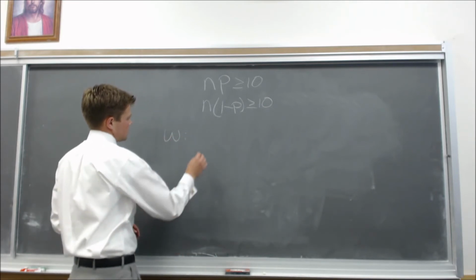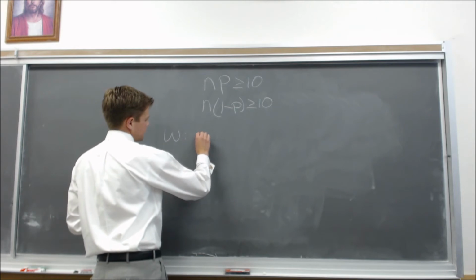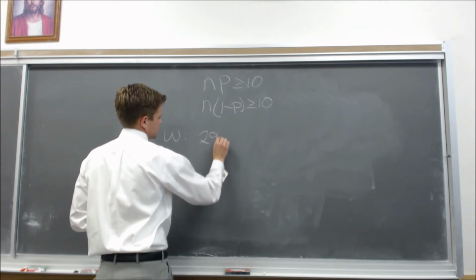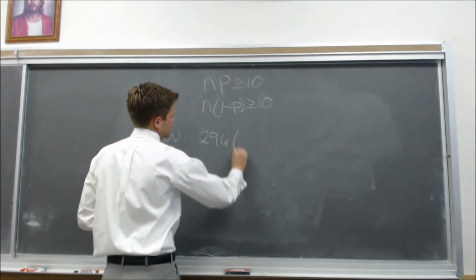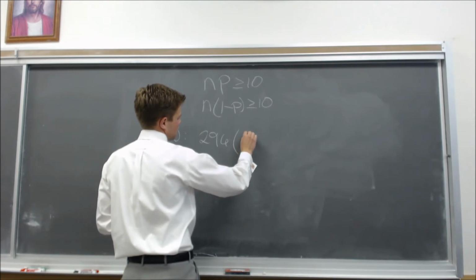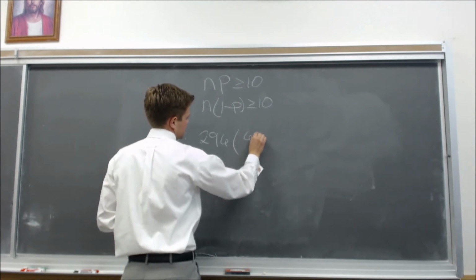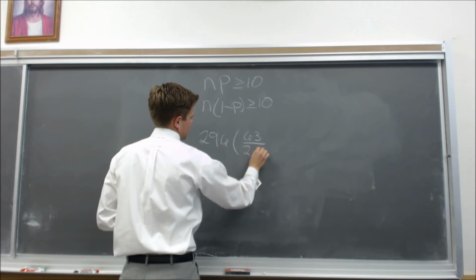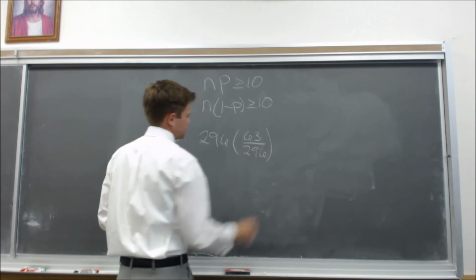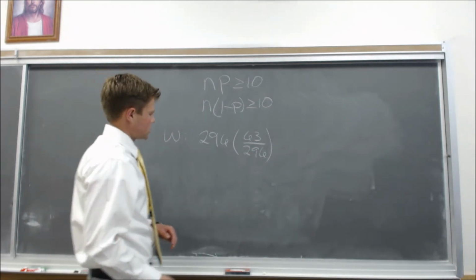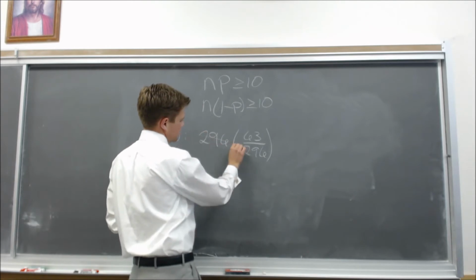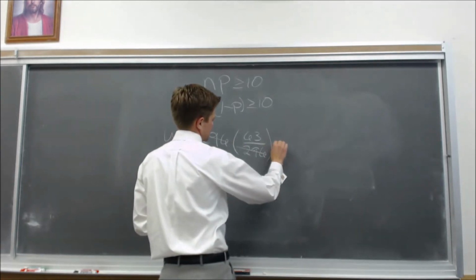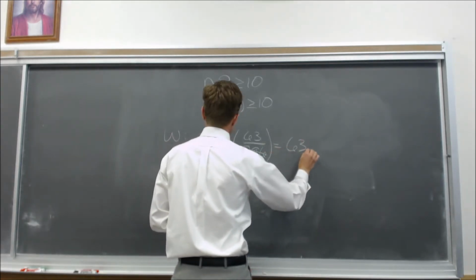So we'll start with the women. For the women, the n is 296, and then our p, remember, is equal to your x divided by your n, which, if you simplify those across, is equal to 63, and then we check it.